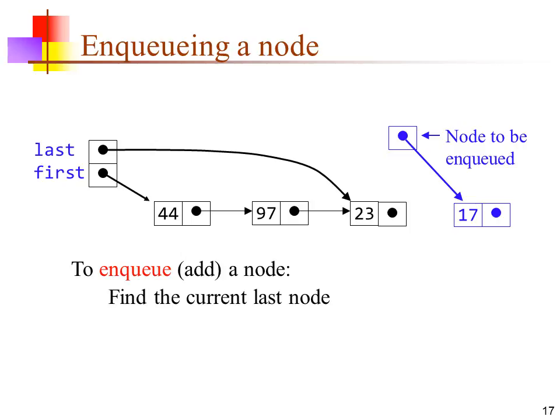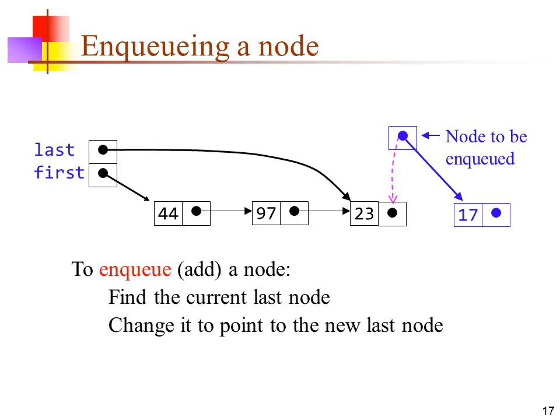So in order to do that, first we need to identify where the last node is and what data is in it. Okay. Now we identified where the last node is and what data is present in it. Next, change it to point to the new last node. Now we are making the node 23 pointer point to 17.